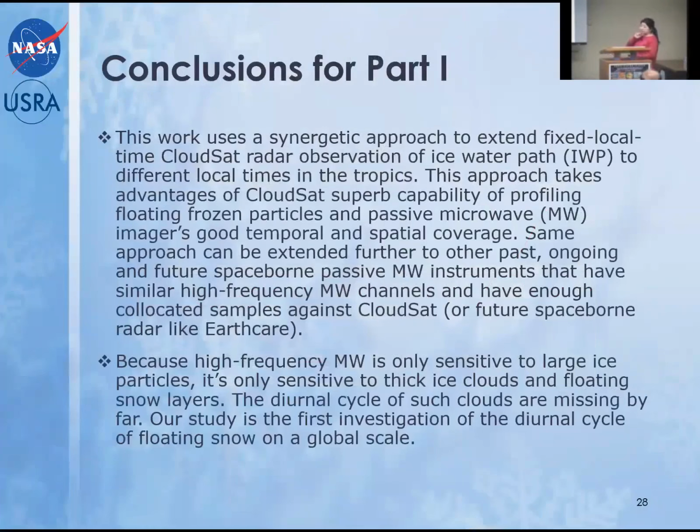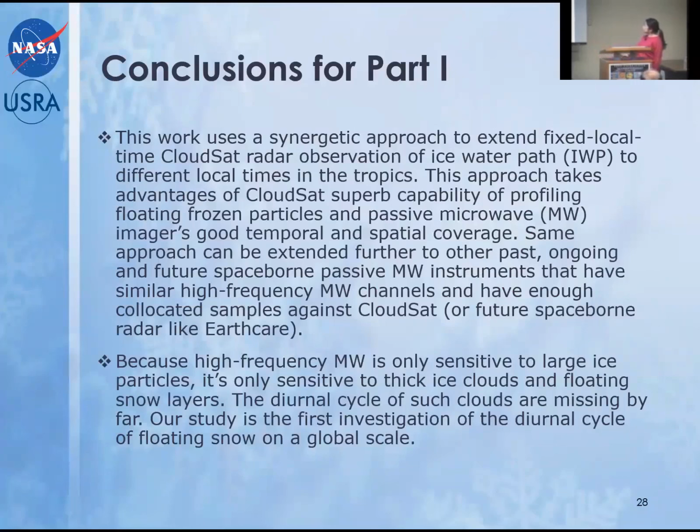We already applied it to the MHS NOAA series, and we applied it here to the GMI, and we can apply it to other microwave sensors, for example the SAPHIR launched by the French and Indian community, and other instruments, in order to get the ice water paths from different local times and different regions of the world. And once CloudSat is done, we can have future radar in EarthCARE or the next decadal survey missions that can help us continue this record.